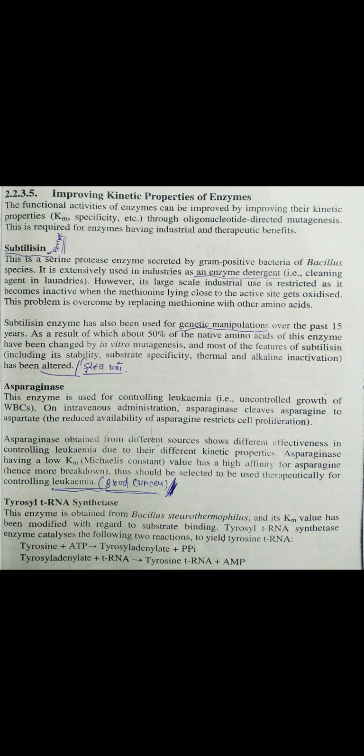Next and last, the fifth method is improving the kinetic property of enzyme. In this, the functional activity of the enzyme is improved by improving its kinetic properties like Km, Michaelis constant, specificity, etc. by the oligonucleotide-directed mutagenesis process, and it is required for enzymes having industrial and therapeutic benefits.